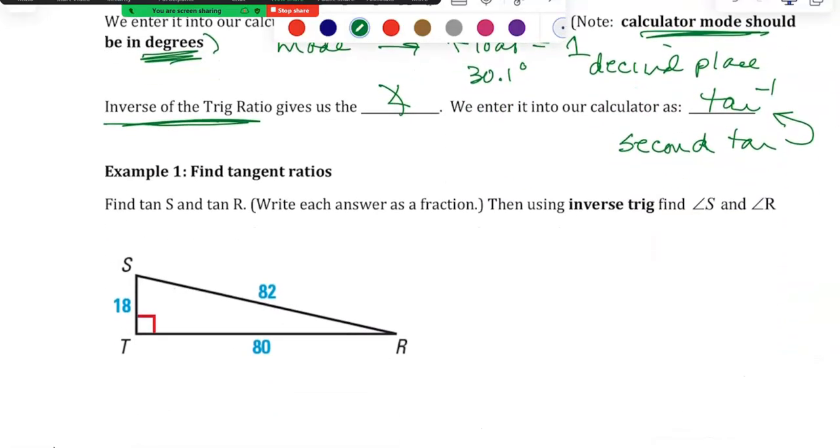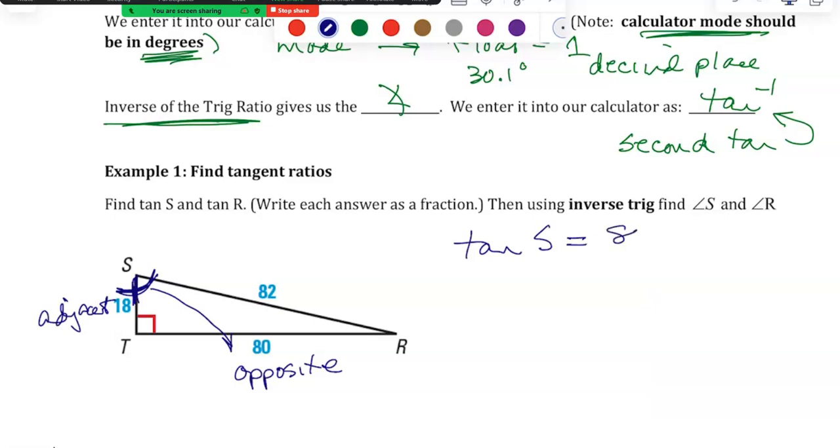Okay, find the tangent ratios. I'm going to turn to blue, and I'm going to find everything with S as it pertains to the blue. So opposite S, this will be your opposite. This is touching. That's your adjacent. So the tan of angle S equals opposite, which is 80, over 18.